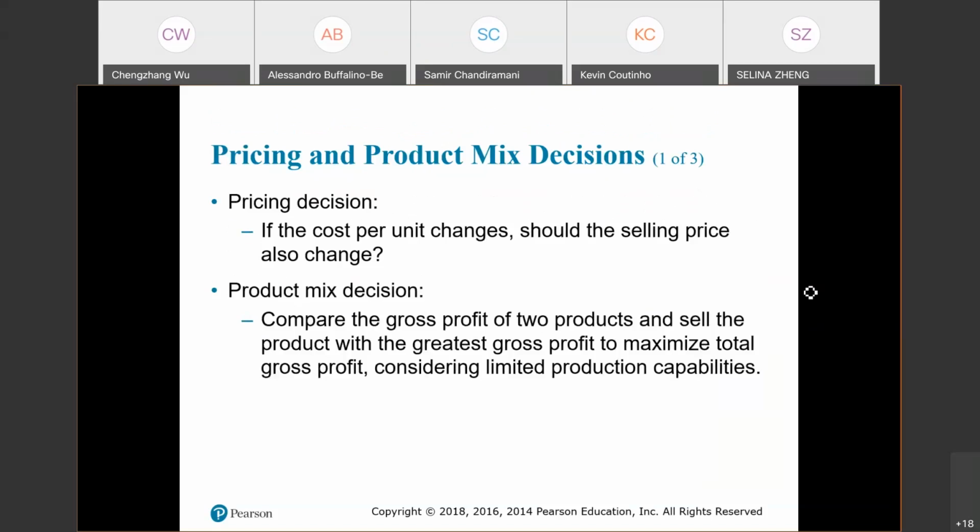Smart Touch Learning now knows the ABC manufacturing cost per tablet to determine which products are the most profitable. The company recomputes each product's total manufacturing cost and the gross profit.